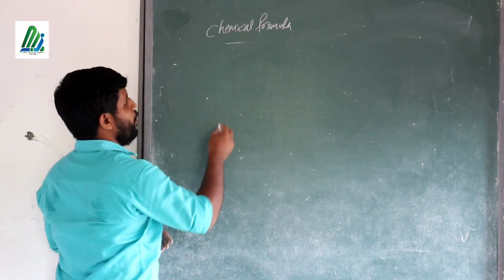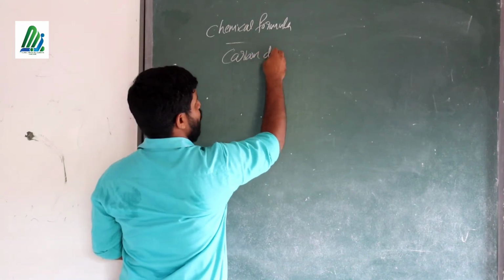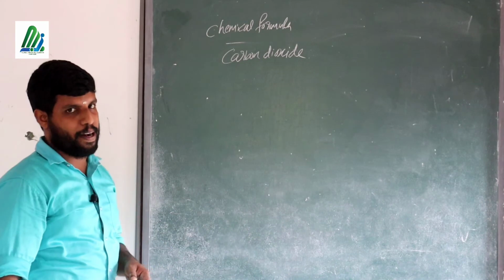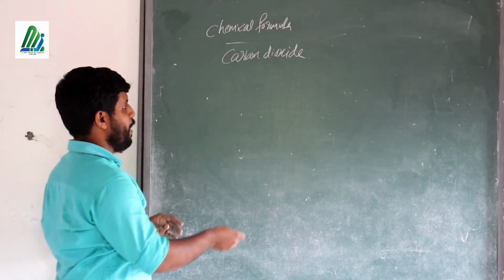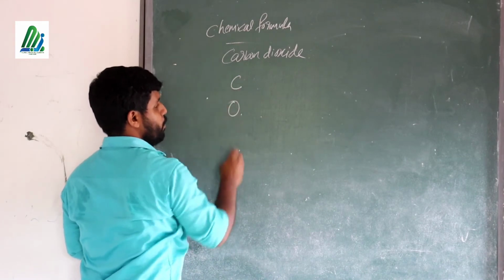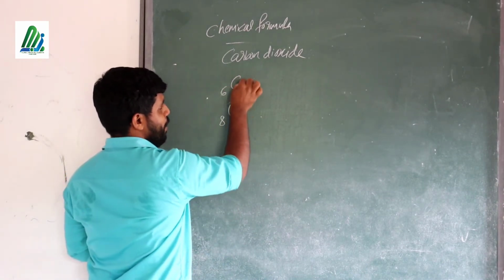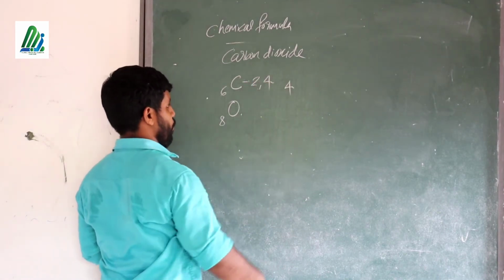One more example, carbon dioxide. How can you write the chemical formula of carbon dioxide? We have carbon and oxygen. Carbon's atomic number is 6 and oxygen's is 8. Carbon's electronic configuration is 2,4, so its valency is 4.